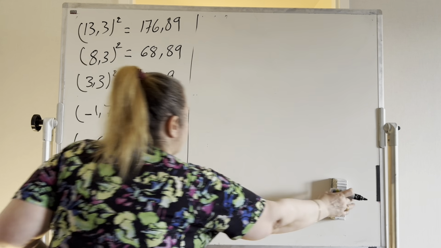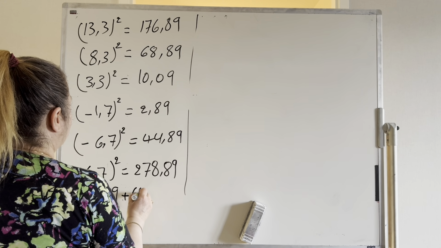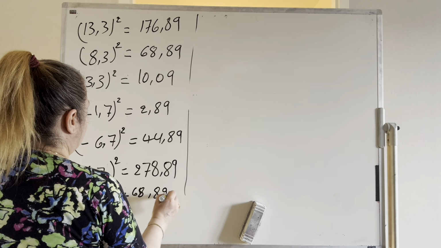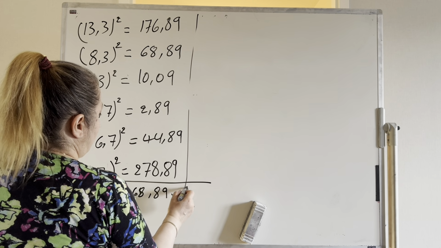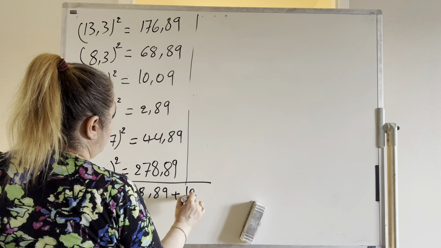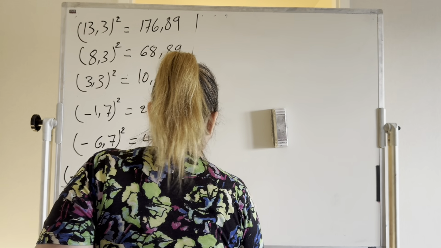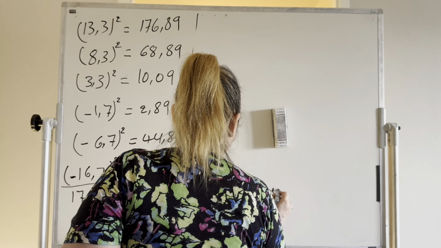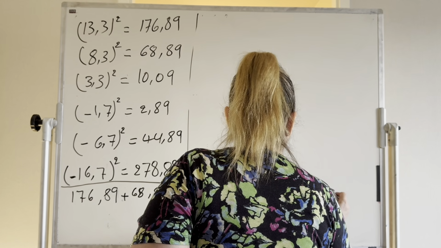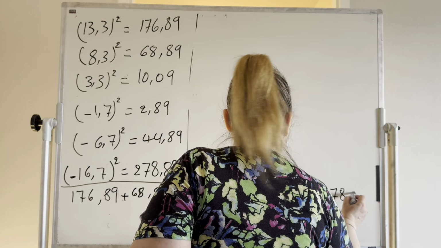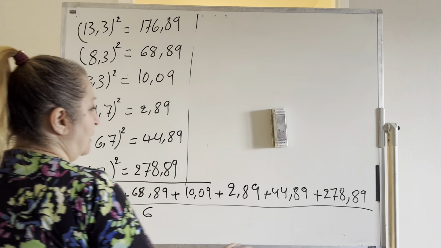176.89 plus 68.89 plus 10.09 plus 2.89 plus 44.89 plus 278.89, divided by 6 because I have 6 values.